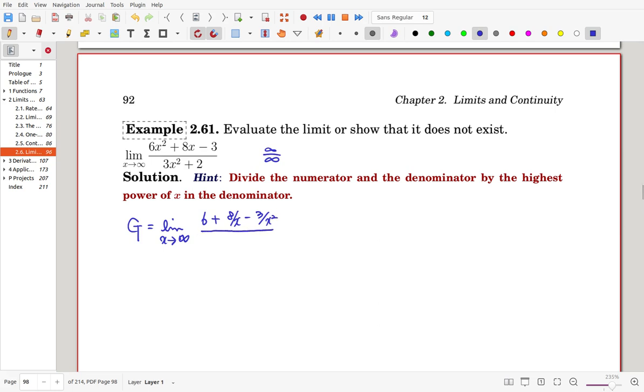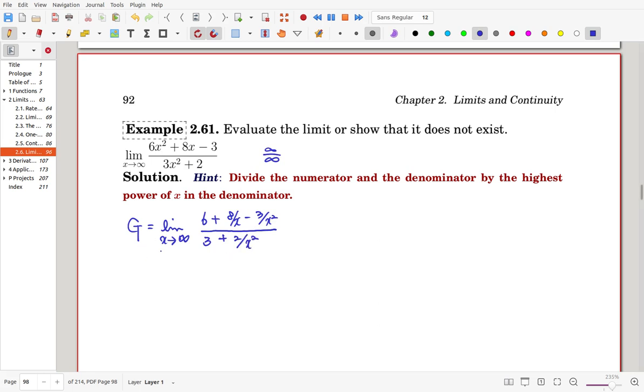Dividing the bottom by x squared, the first term will be 3, and the last term 2 over x squared.